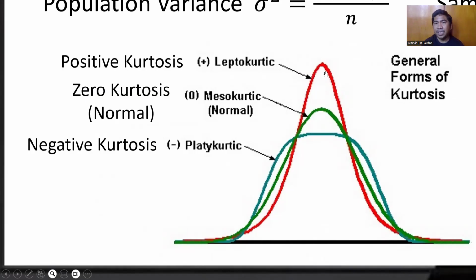Many of them are almost the same as the center value. So we only have very few values apart from the center. That is also known as leptokurtic. If we have positive kurtosis, then the data set is said to be leptokurtic.